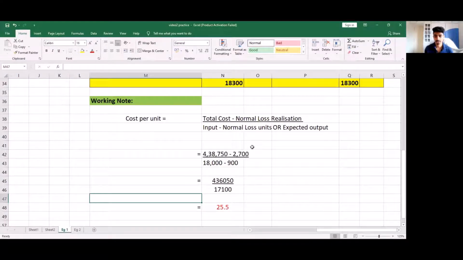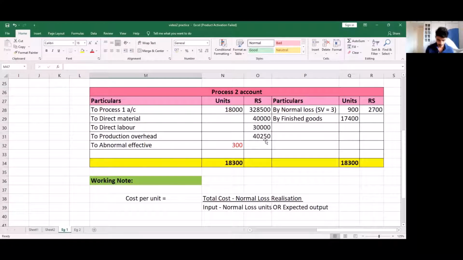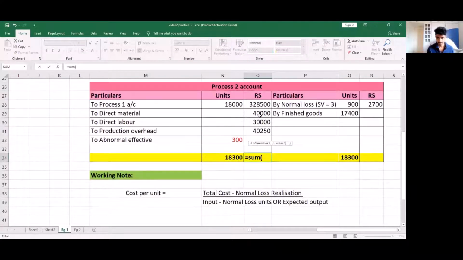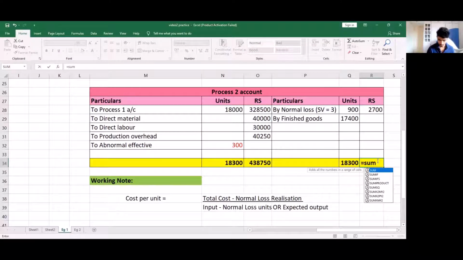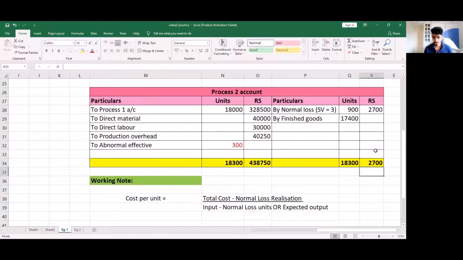So over here, the values we have are 4,38,750 as our total cost, minus 2,700 as our normal loss realization, divided by 18,000 as our input.